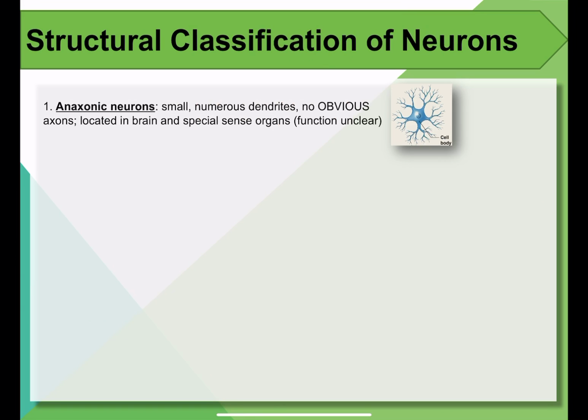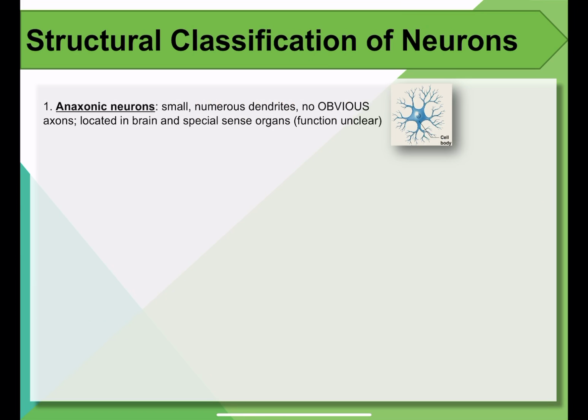Okay. So, of course, since our human bodies are so organized, there's always structural classification for stuff. So, structural classification of neurons is something we have as well. But thankfully, it's not too complicated. So, there are neurons without axons.